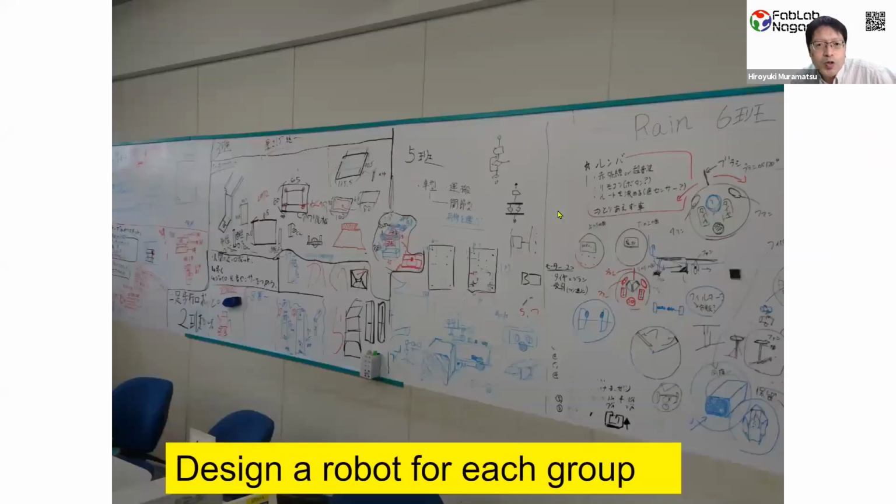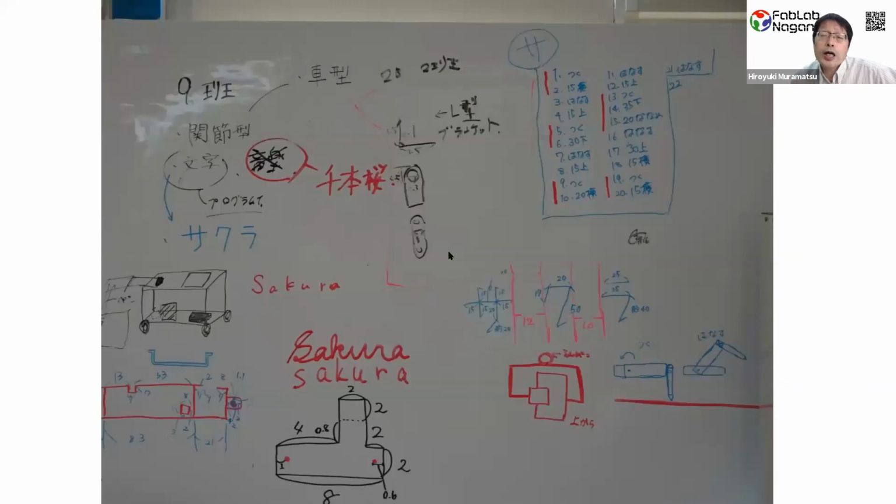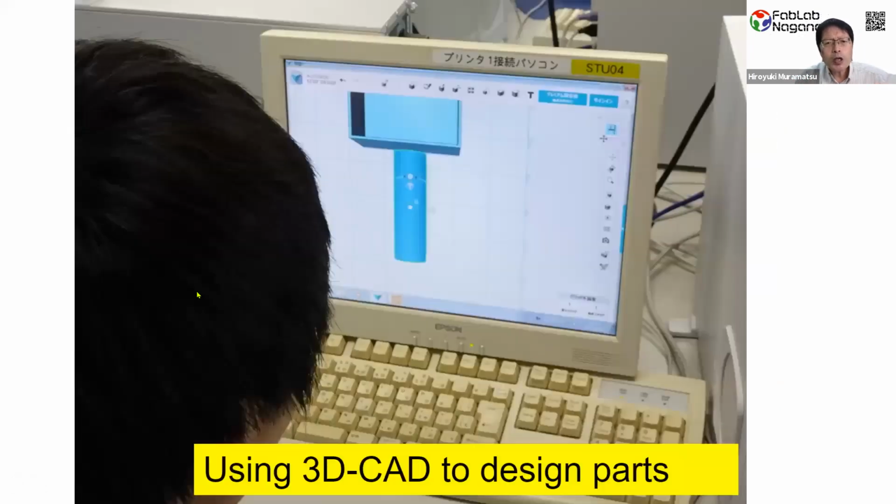This slide shows designing a robot for each group. Each group has about 4 or 5 junior high school students, and they discuss and design each robot. It's very fun, and there are many parts.